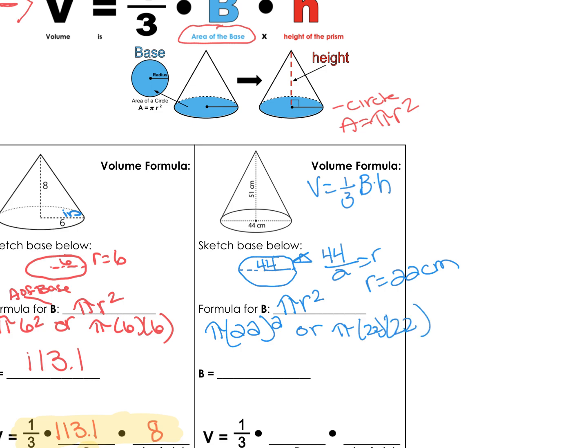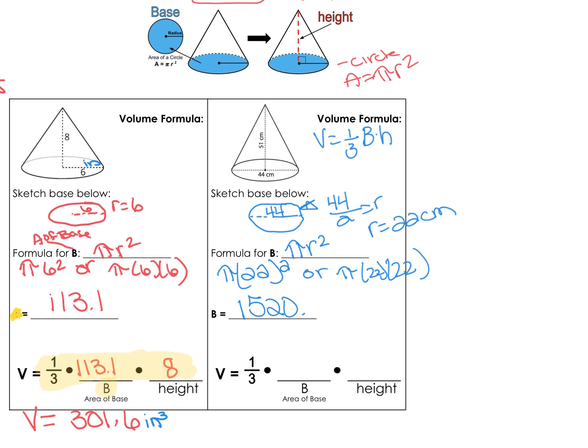And for my big B, my area of the base, I have 1,520. And I'm going to round this to the nearest hundredth, 53. But I'm not done yet. Okay. That is my big B.